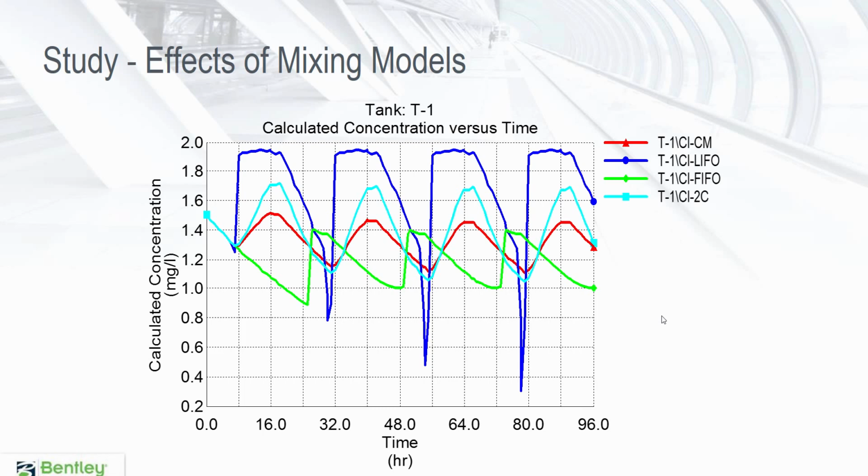That's because there's water in that tank that is more old than the other water molecules that just came in. So there's a lot of variability in that tank at different times of the day. The concentration changes quite a bit. So the point here is don't neglect the initial conditions or the tank mixing model.